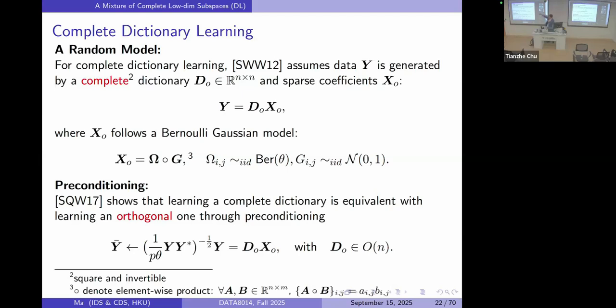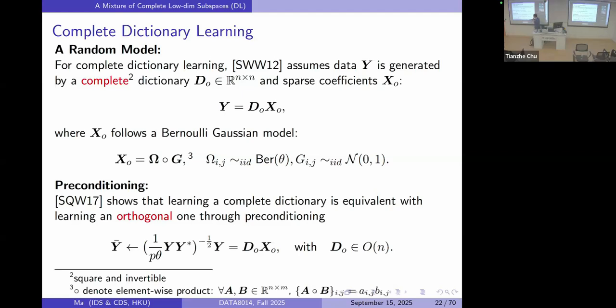In general, the D matrix is a square matrix and doesn't have to be orthogonal. But if you process your data like this, it is equivalent to D becoming an orthogonal matrix. So the dictionary can become orthogonal in every row and column, which makes the job a little bit easier.